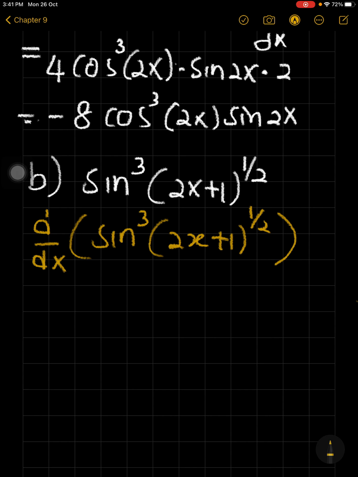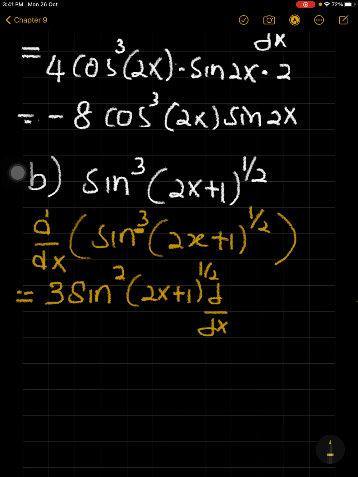Kalau ada kuasa, kita bawa pergi depan. Kita dah start differentiate lah, 3 sin, kuasa berkurang, 1/2, and then you have to differentiate d dx 2x plus 1.